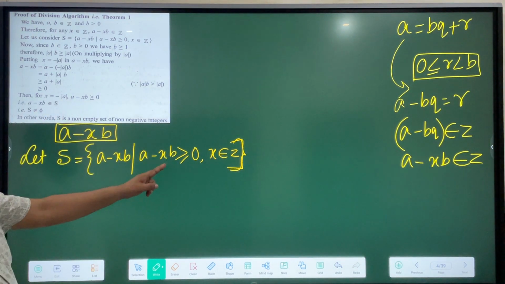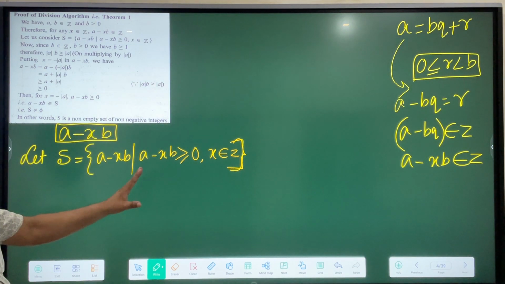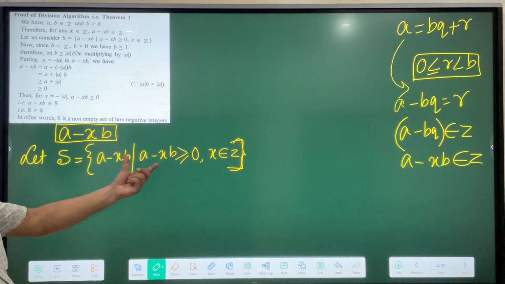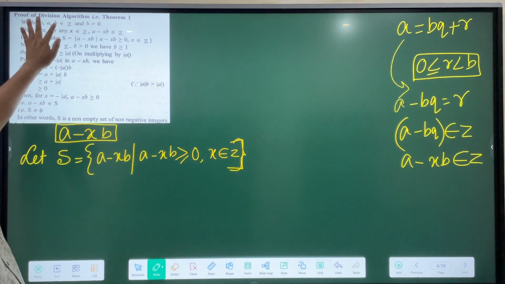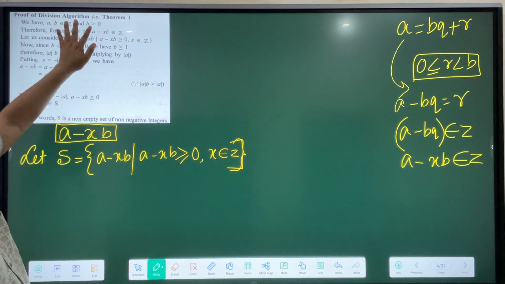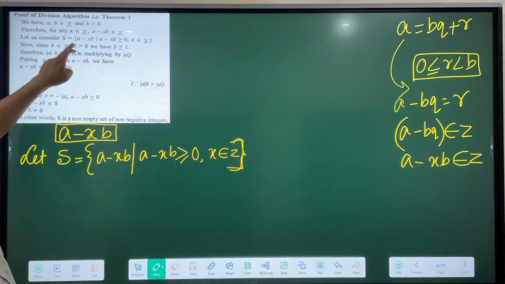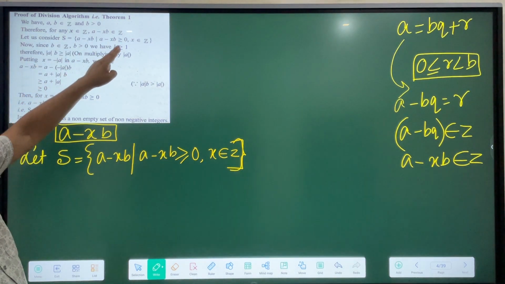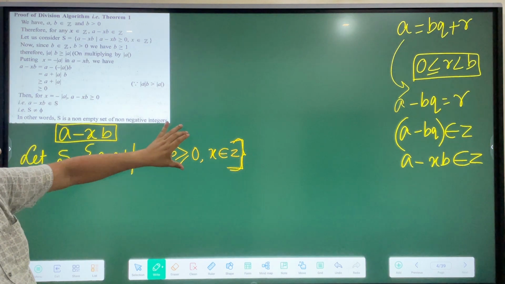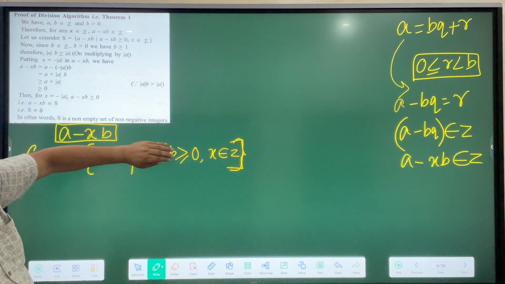A, B belong to Z and B greater than 0. So what have we taken? Let S be a set, A minus XB greater than or equal to 0. Here we are going to get a positive integer.